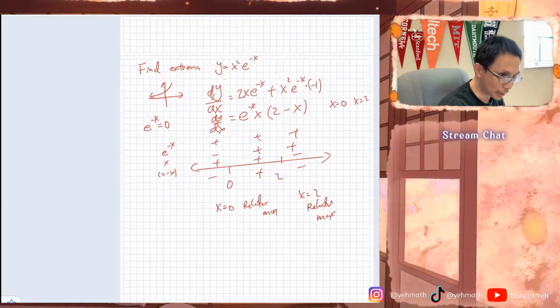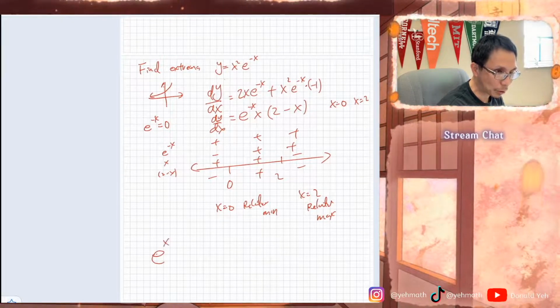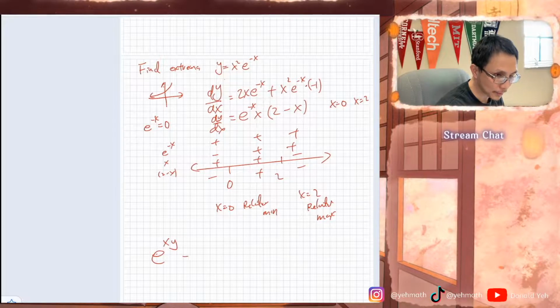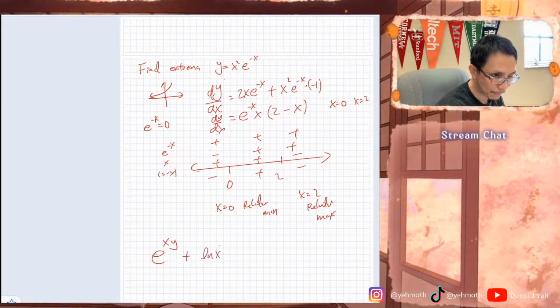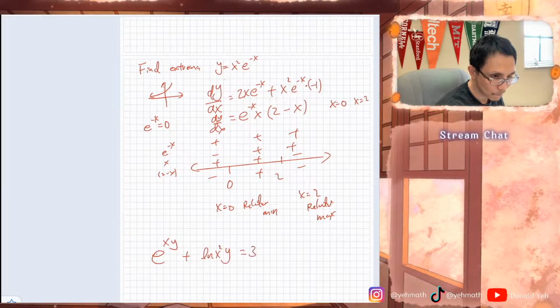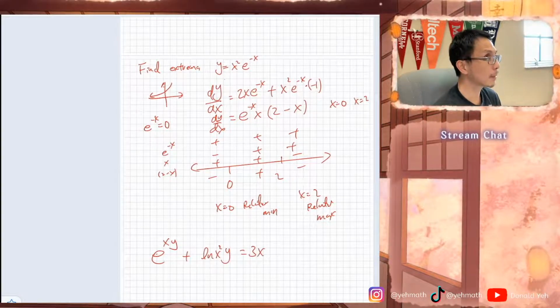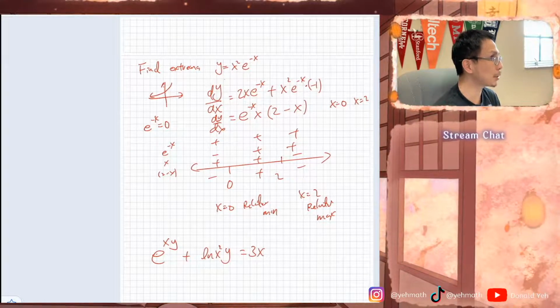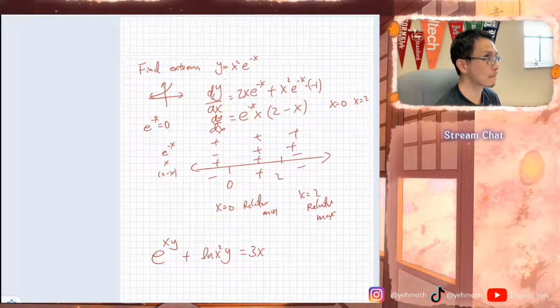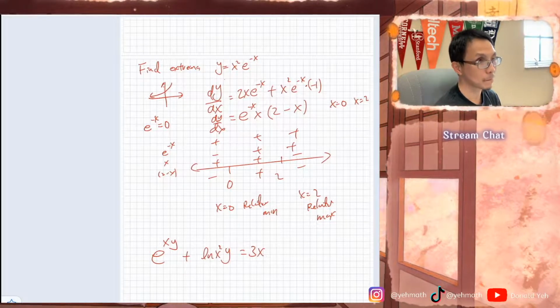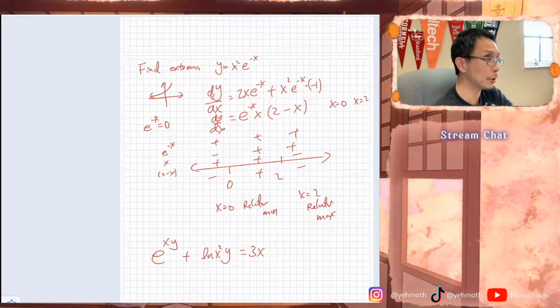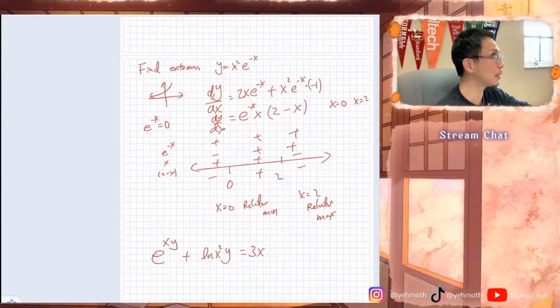How about this one? How do I take a derivative of this? What kind of derivative do I have to do here? There's the chain rule. Good job. But what's that derivative called?